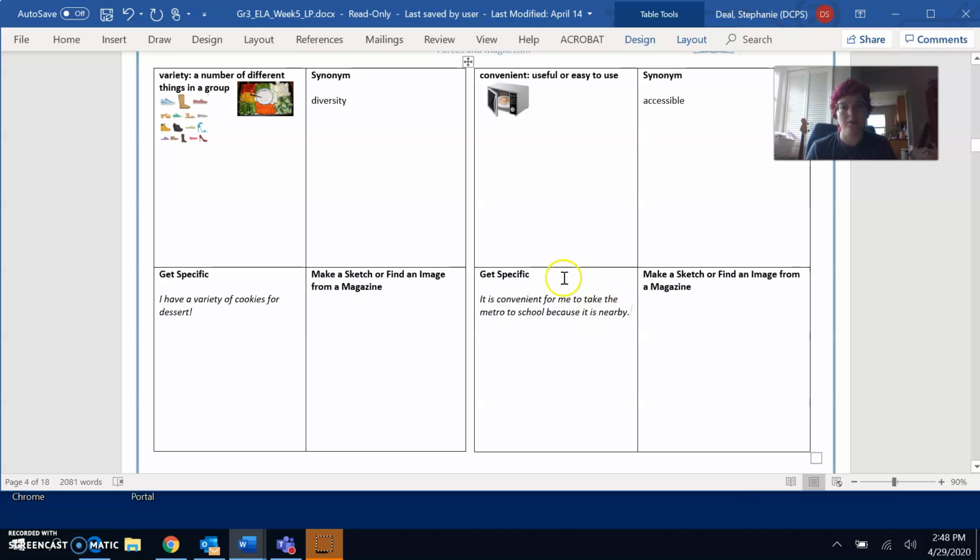You can include a different example or you can write mine down on your paper. I might draw a picture of the metro train, or I could print out a picture of the metro and put it on my paper. So make sure you add a picture to help you understand what the word convenient means. If you need to pause the video, go ahead and add your picture and your sentence before we move on.